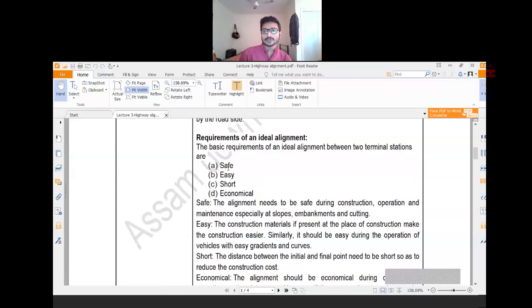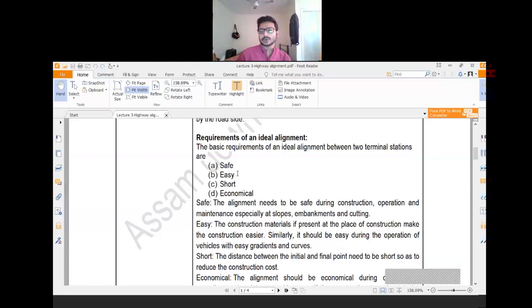Whenever we are constructing the road, it should be very safe for construction. Suppose there are some slopes, and if the slopes are not stable, some accident may occur. So the alignment should be very safe in terms of construction, operation, maintenance, and vehicle operation.